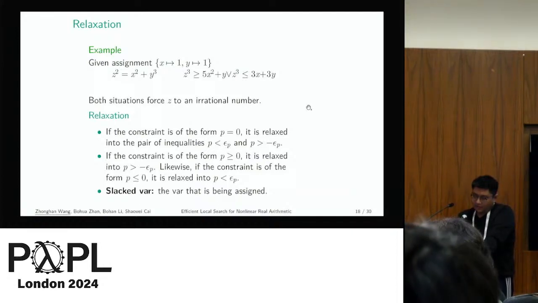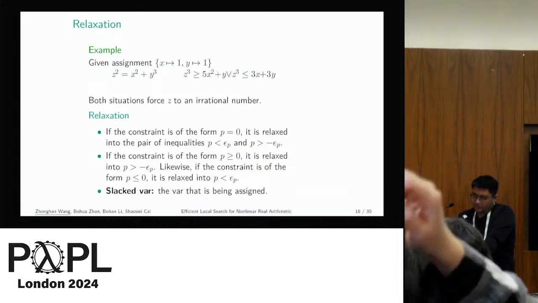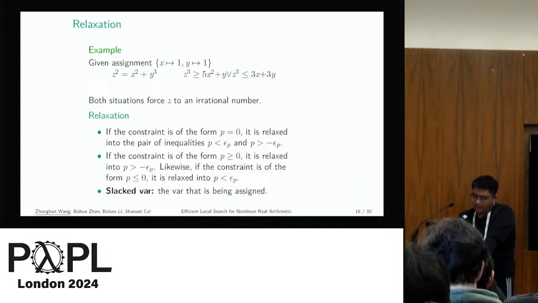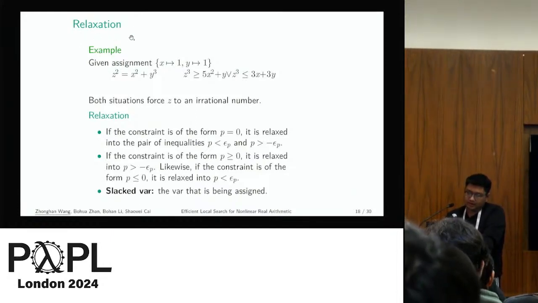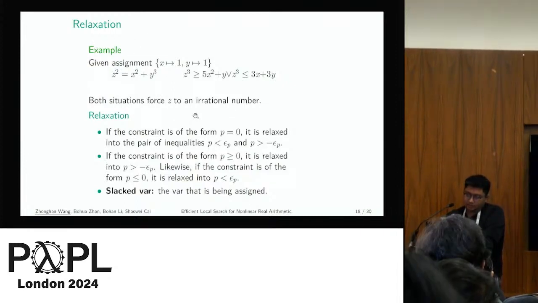And also, if the form is positive or negative, we enlarge it by a very small value. The select var that we record for each select clause is the var that is being assigned. We usually do relaxations lazily. When we have to force a variable to an irrational number, we do relaxations, not by pre-processing.